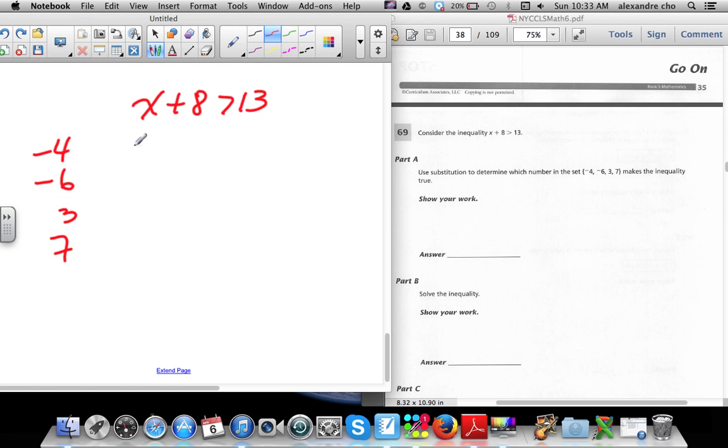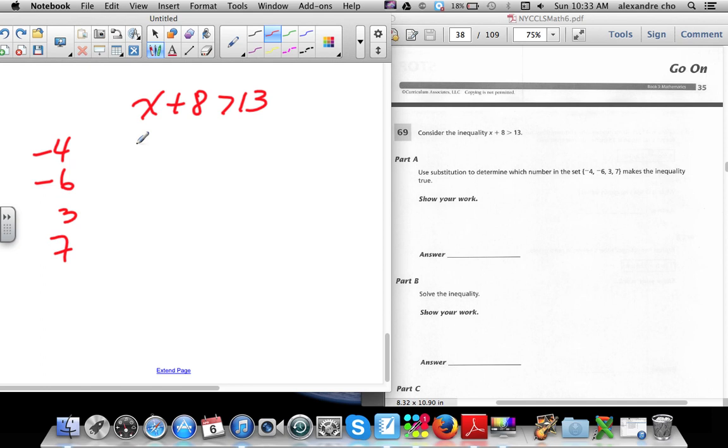Why would they put -4 here? All right, little problem here, because you're dealing with subtraction of integers and you have not learned that.